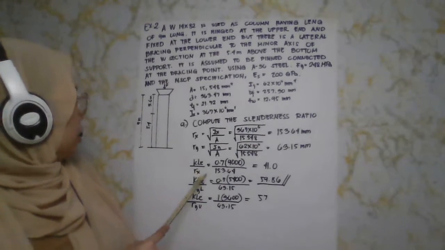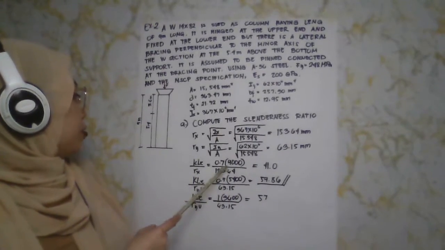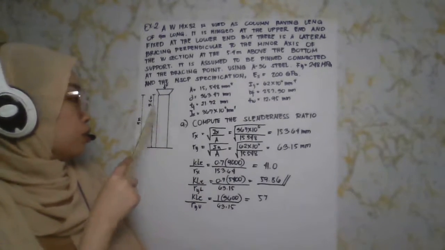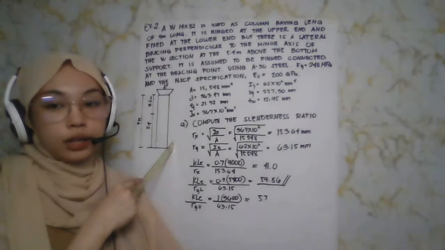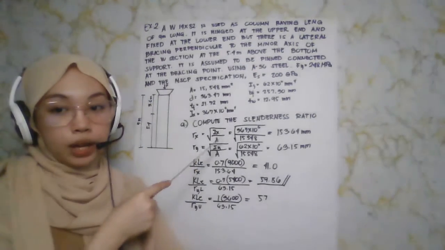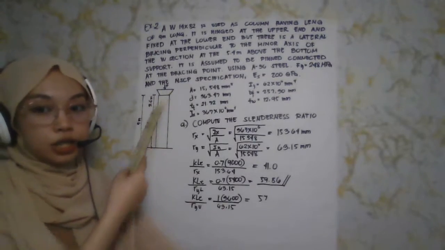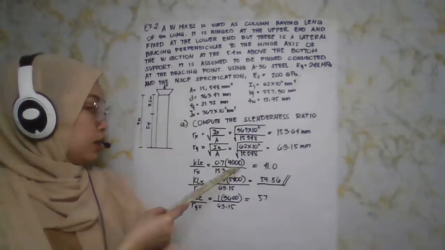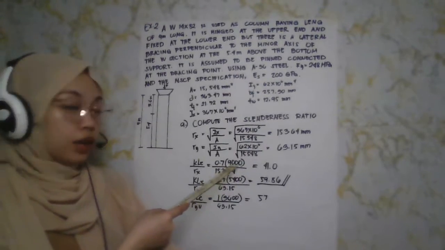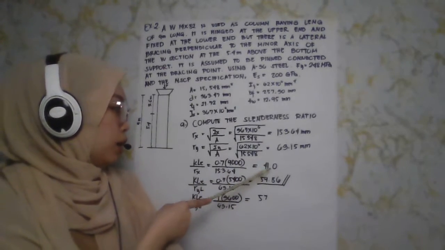So, the rx natin ay 153.64. Ang K natin ay 0.7 since meron tayong fixed and hinge. So, according to the standard and the theoretical K, kapag may isang hinge and may isang fix, ang gagamitin natin doon ay 0.7. Then, multiply lang siya sa effective length, then over the rx. So, makukuha natin ay 41.0.